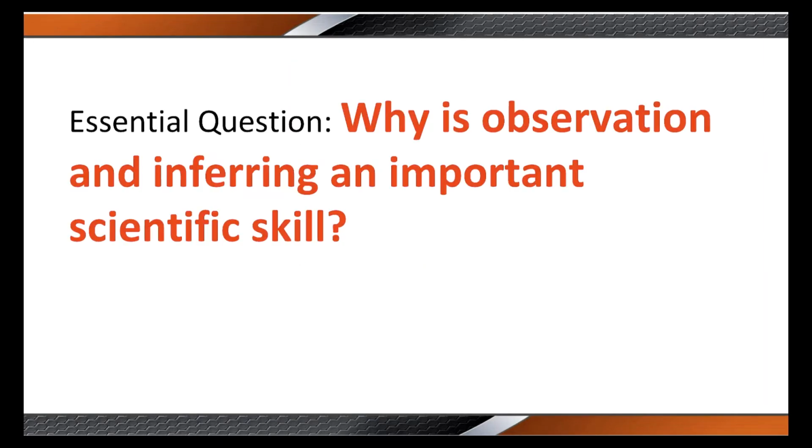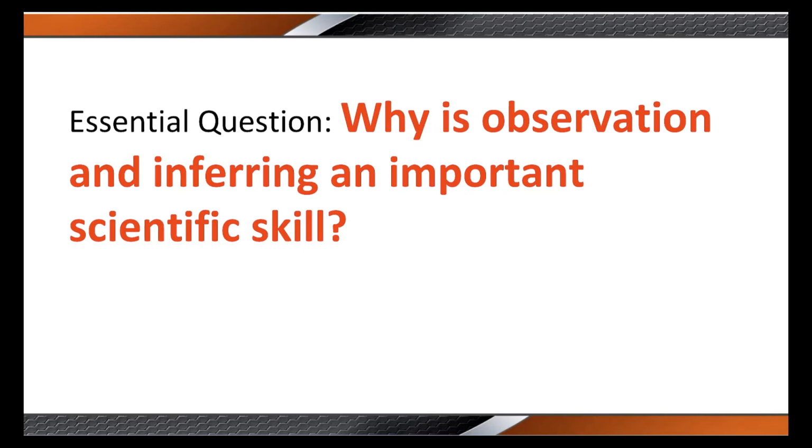Okay, so let's start with our essential question. An essential question that we need to ask is, why is observation and inferring an important scientific skill? Well, inferring and observing things are very important because they help to establish ideas. They help to establish theories, for example, the theory of natural selection. The theory of natural selection comes from the basis of making observations.